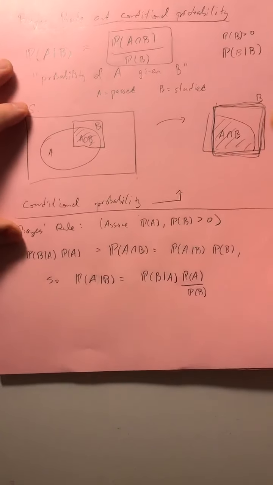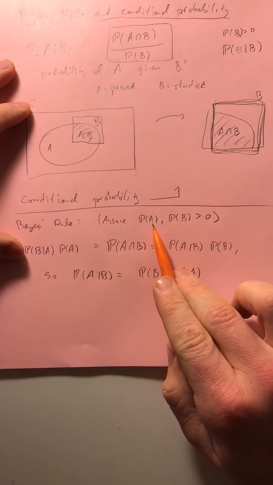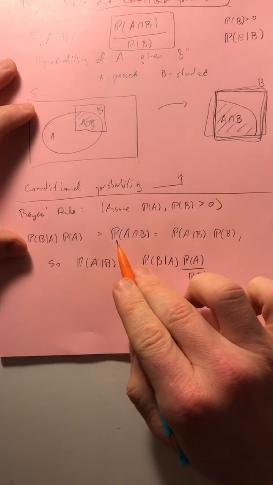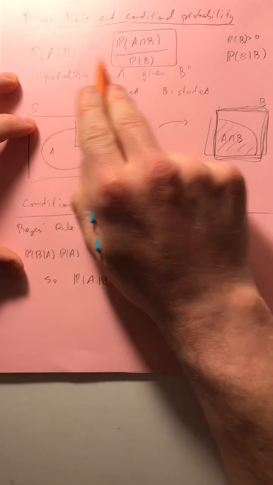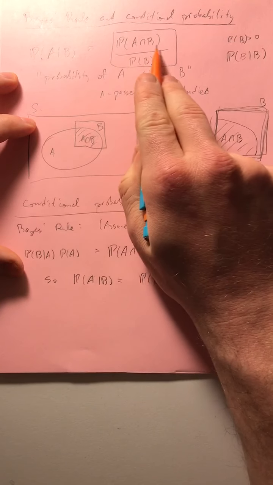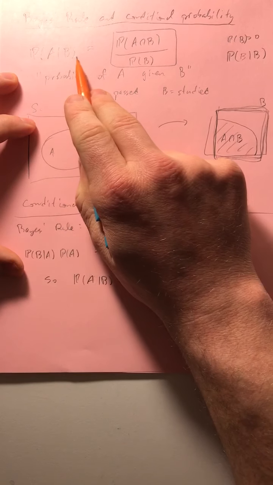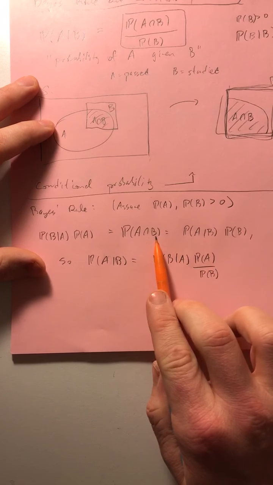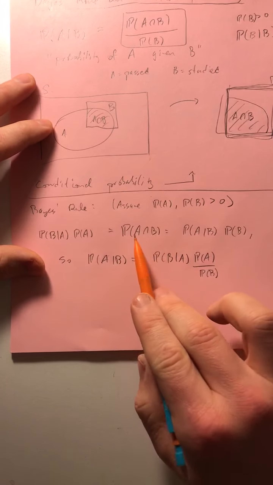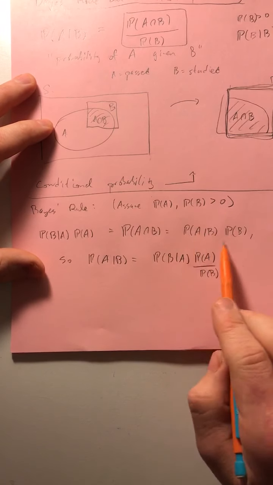And now we can use Bayes' rule. Assuming I have two events with positive probabilities, taking this equation and multiplying both sides by the probability of B, I get the probability of A intersect B is the probability of A given B times the probability of B, which is what's written here. Here I could think about this as another choosing in stages problem.